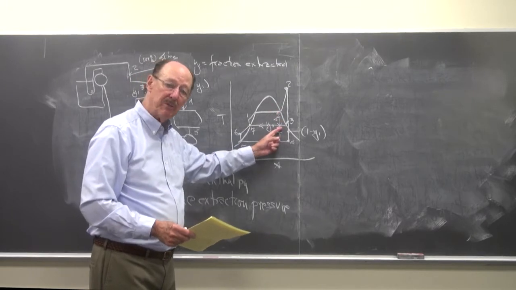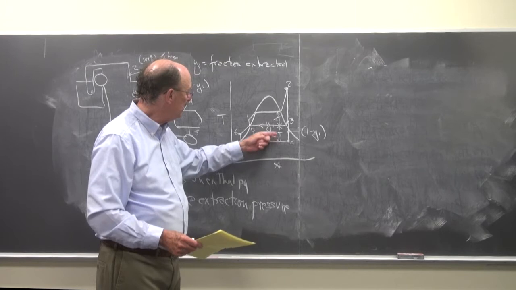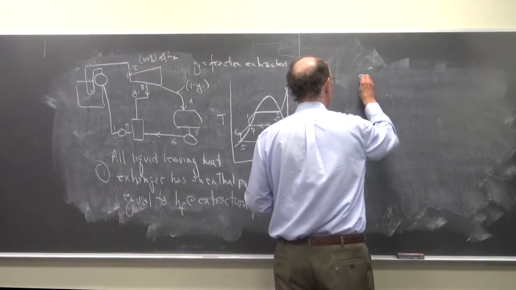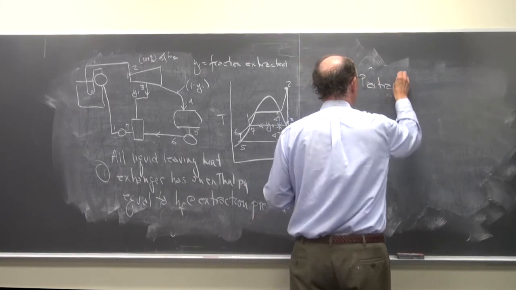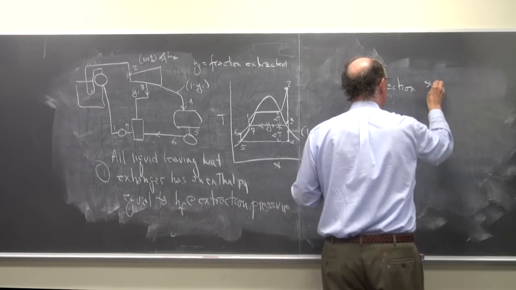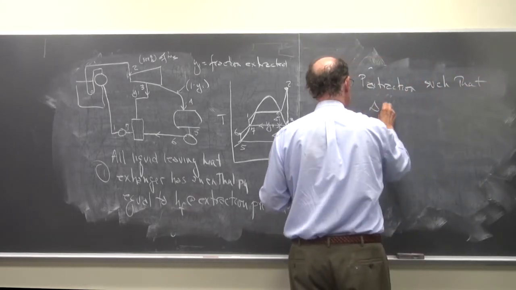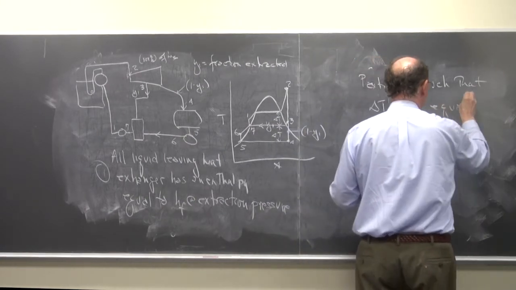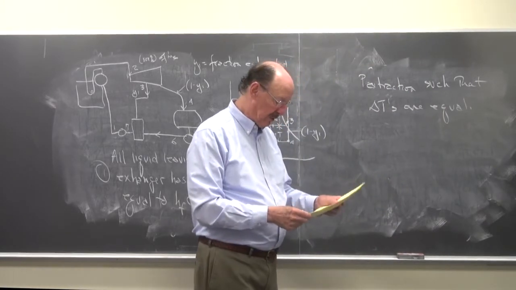You have this pressure occur such that these temperature differences, these delta T's, are equal. So we want P extraction such that delta T's are equal. Now, we may not have them be perfectly equal, but that's our goal.